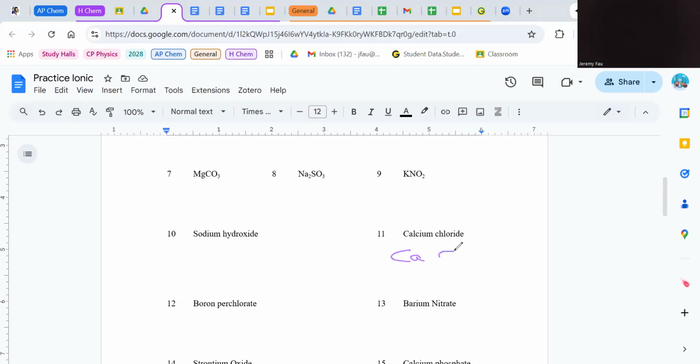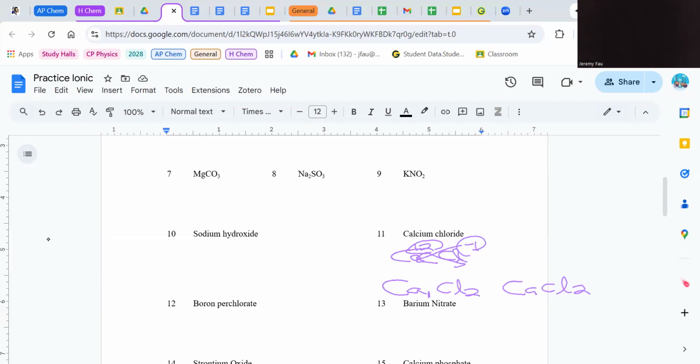So that's Cl. Then we look for their charges. Calcium is a group 2 element, so it's got a charge of +2. Chlorine's got a charge of -1. We do our crisscross method where we bring our charges down and drop the sign. So we get Ca1, Cl2. We don't really write the 1, so we can rewrite this as CaCl2.